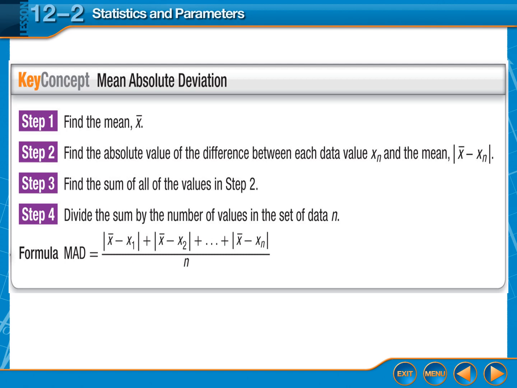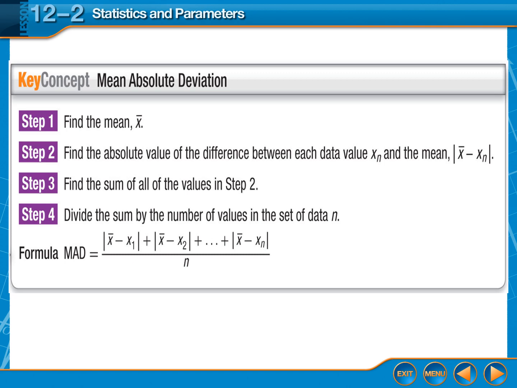Step 3, find the sum of all of the values in step 2. Once you subtract the mean from all of the data points, you add them up.